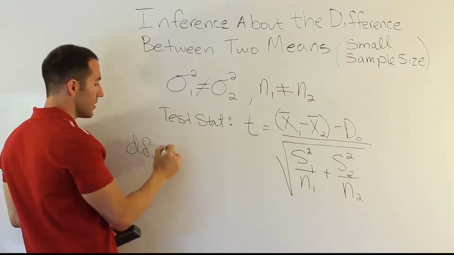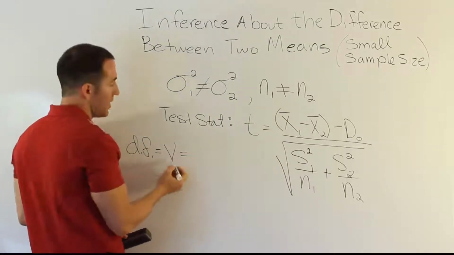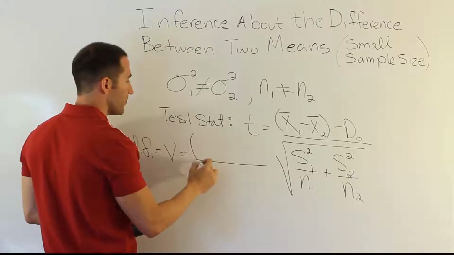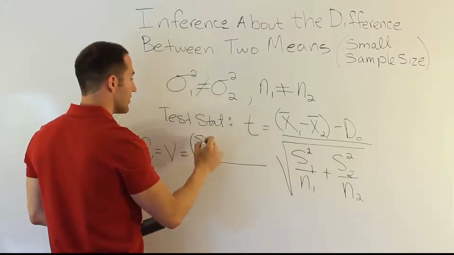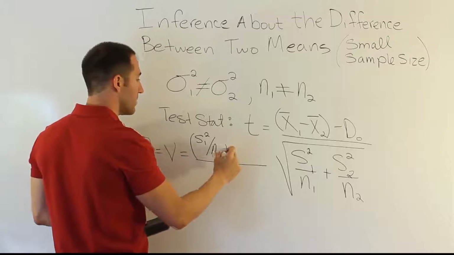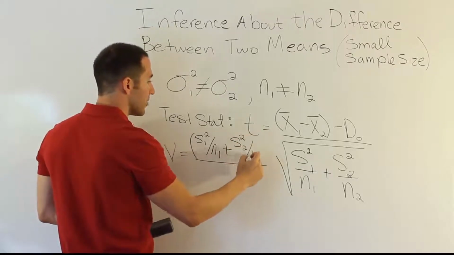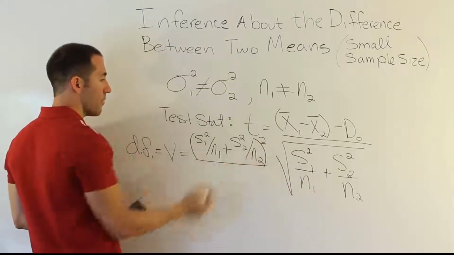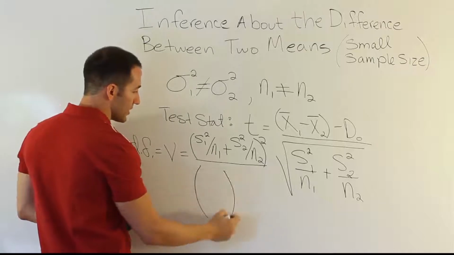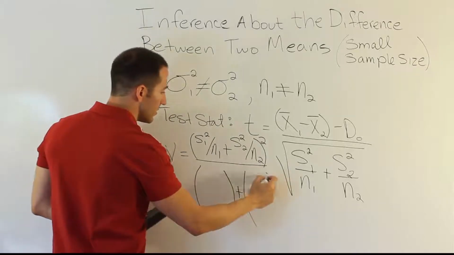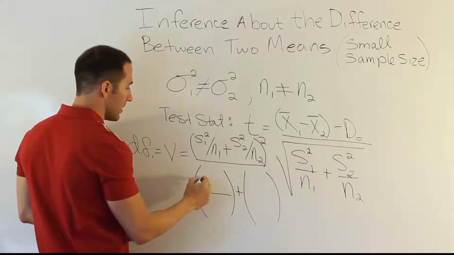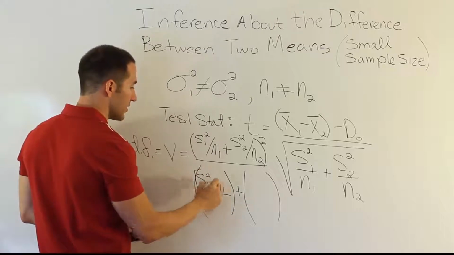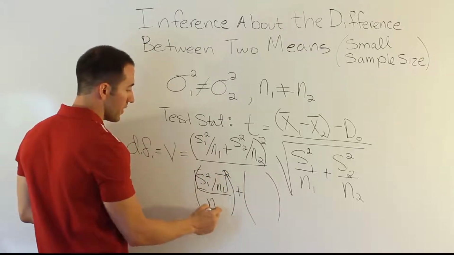The degrees of freedom is going to be that new formula called nu, or nee, depending on how you pronounce it. Either way, that formula becomes this. It becomes this part here, S1 squared divided by N1 plus S2 squared divided by N2, that entire thing squared. So that entire top part squared. And then you have these 2 fractions on the bottom. The first is S1 squared divided by N1, that item squared, over N1 minus 1.